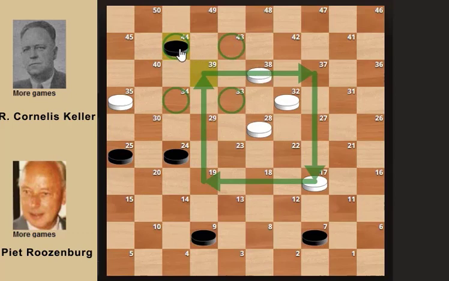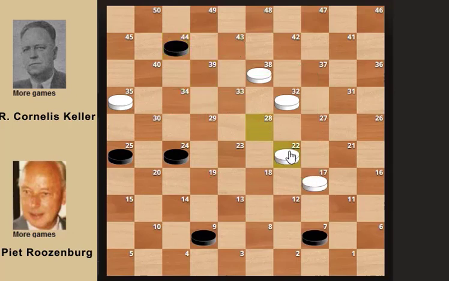So he moved to 44. And then Keller played 28-22. 28-22 was responded to by playing 44-50.